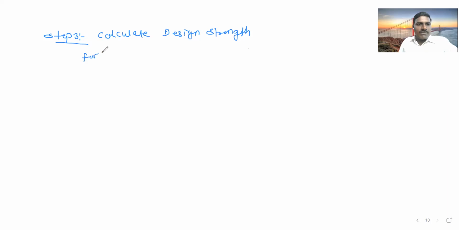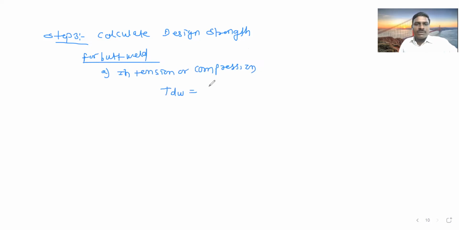Okay, so for butt weld, in tension or compression, what is the formula? TDW is equal to Fy into Lw into T divided by gamma mw, correct?